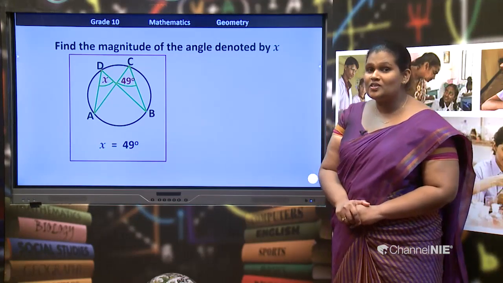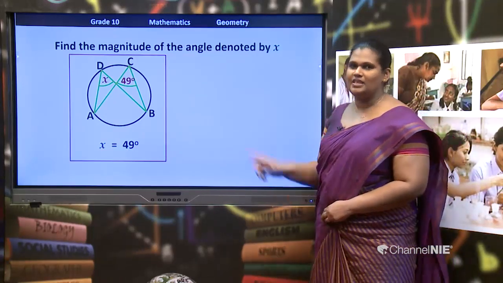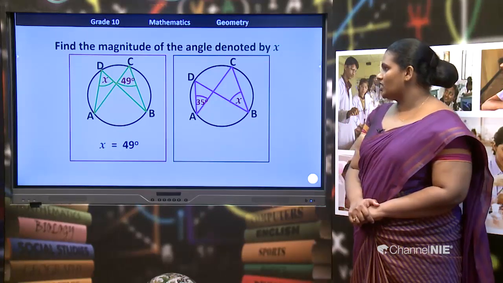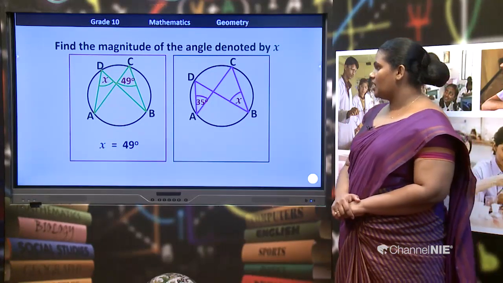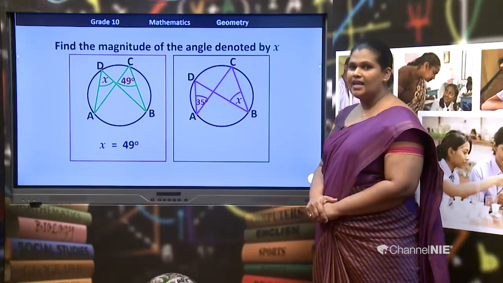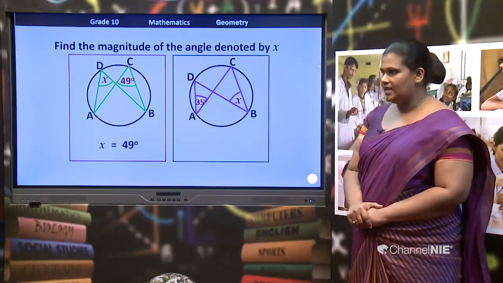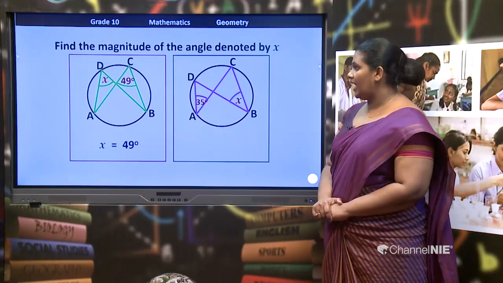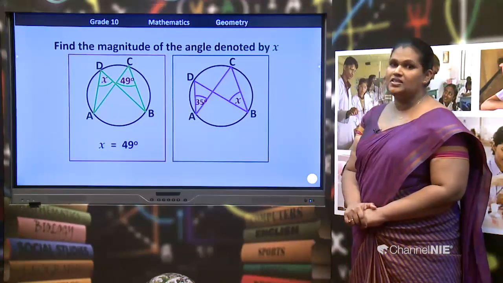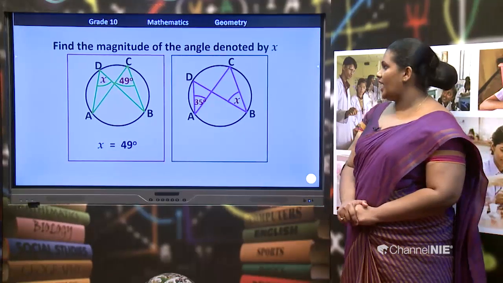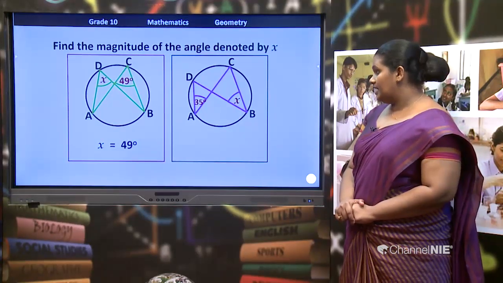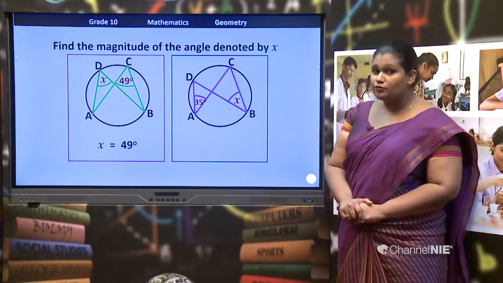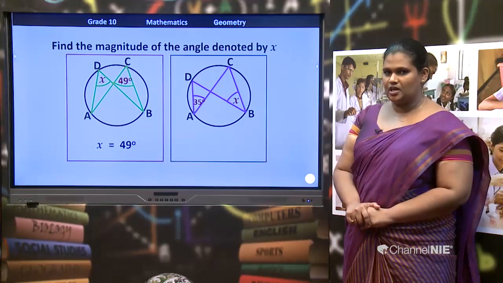One more question related to the same theorem. Here also we have got a circle. We have marked 4 points on the circle A, B, C and D. And we can observe the magnitude of the angle DAC is 35 degrees and the magnitude of the angle DBC is mentioned as X. So, we have to find the magnitude of X now.